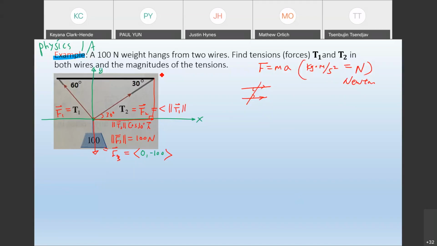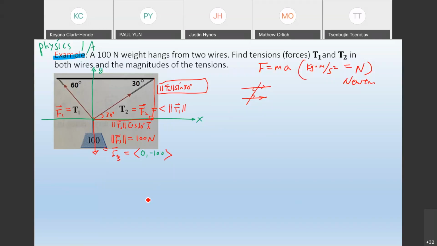All right. This is the magnitude of T2 times sine 30, right? Sine 30 is something like this.